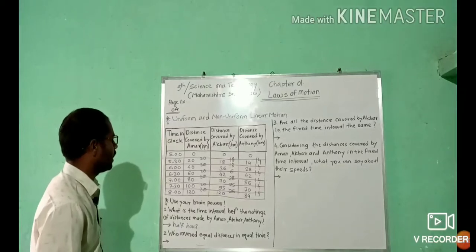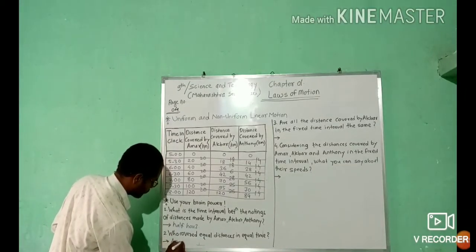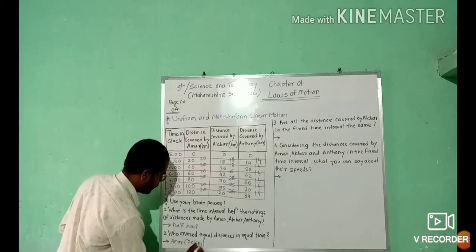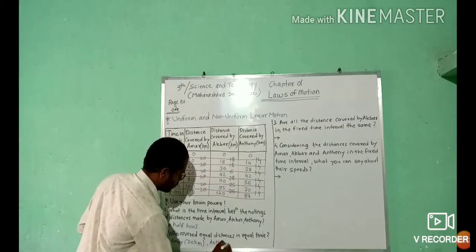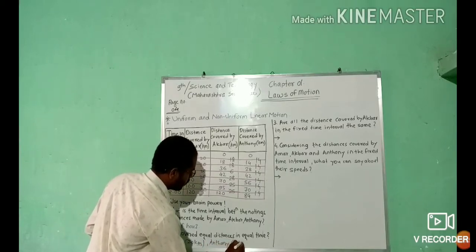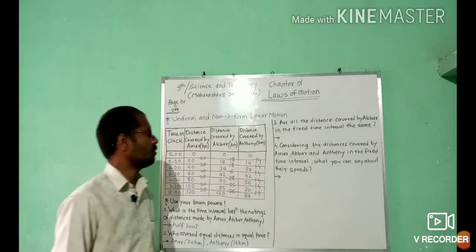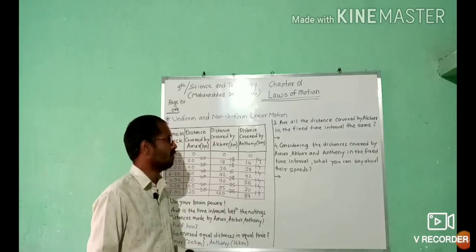Amar and Anthony. Amar covers 20 kilometers and Anthony covers 14 kilometers.